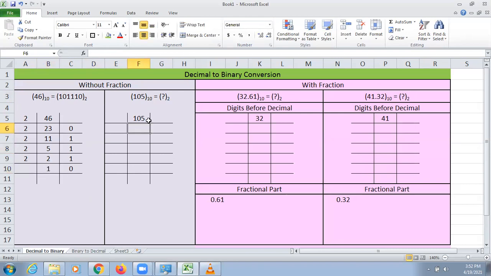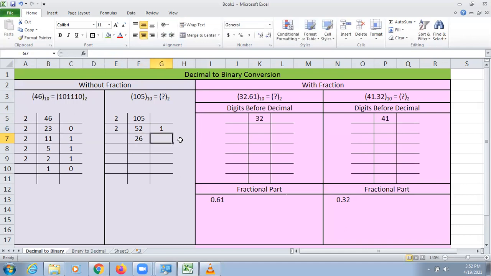Now let's do one more question. This time we have to divide 105. We'll divide it by 2. 2 5s are 10. 2 2s are 4. And the remainder is 1. Again divide 52 by 2. 2 2s are 4, and 2 6s are 12.